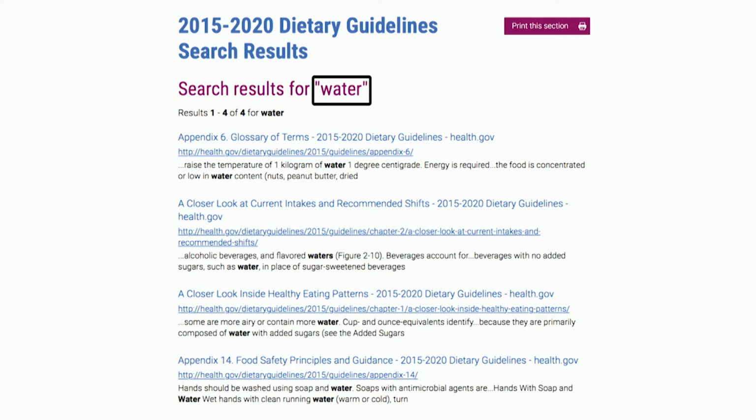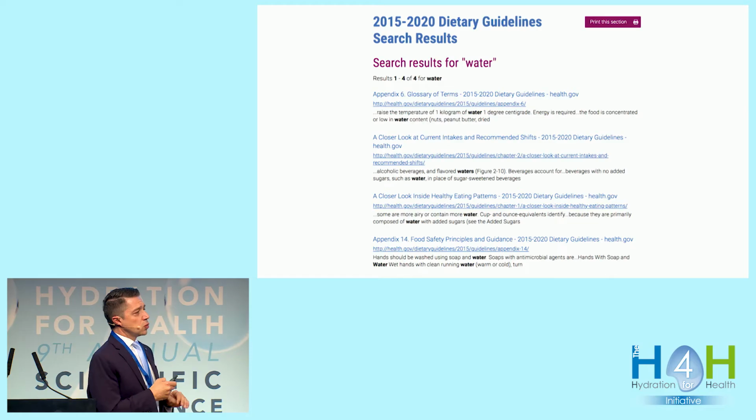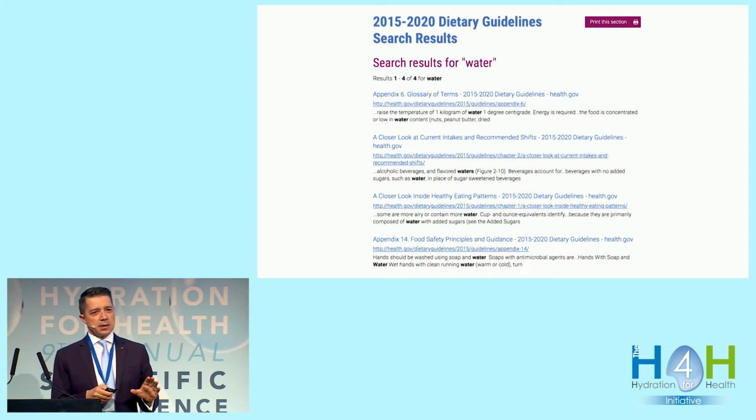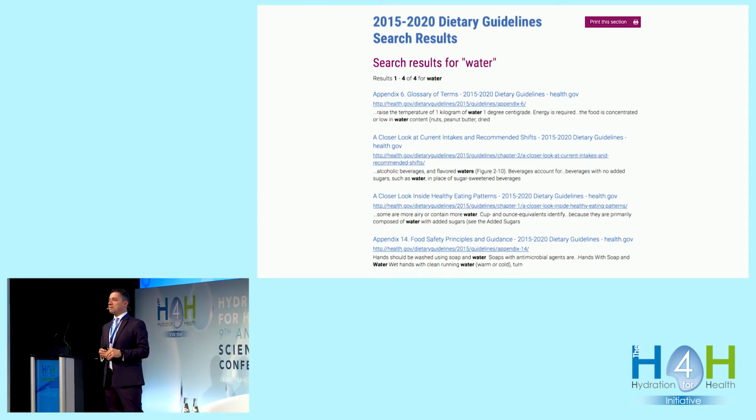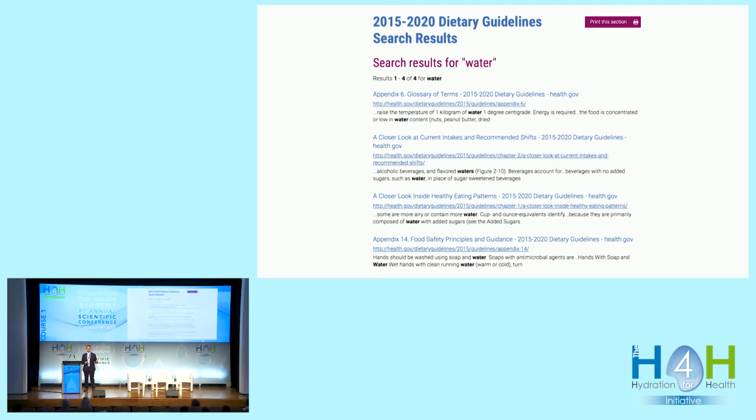Four outcomes for water. The first one is the definition of what a calorie is. The second and third, which are the main emphasis of these 2015 dietary guidelines, are about limiting sugary drinks, with emphasis on decreasing their consumption and replacing them with plain water.